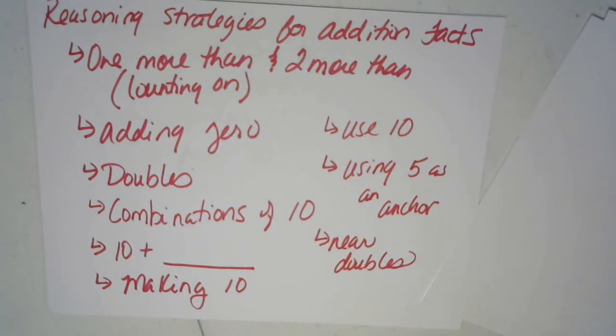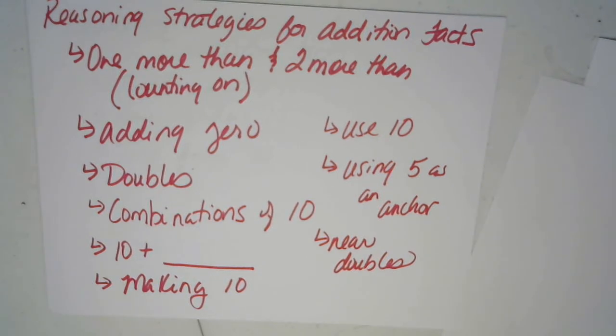All right, we're on page 189. We're talking about reasoning strategies for addition facts. Remember that basic fact mastery depends on moving through three phases: counting on, using a strategy, and then mastering. The second phase, the reasoning strategy, warrants significant attention.